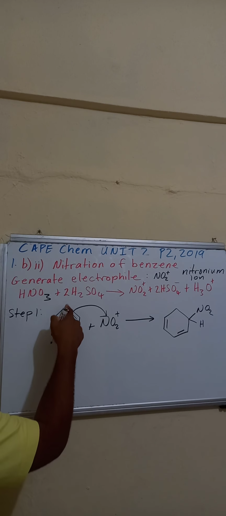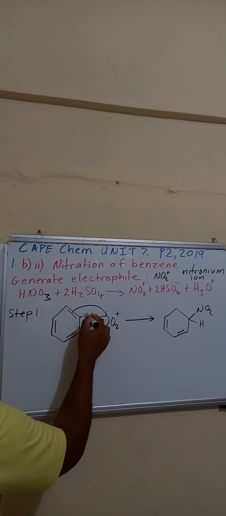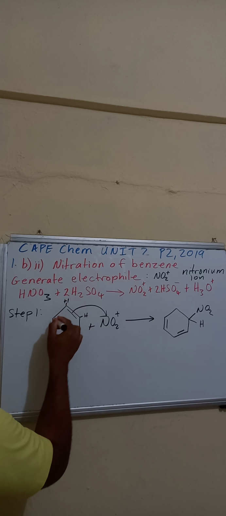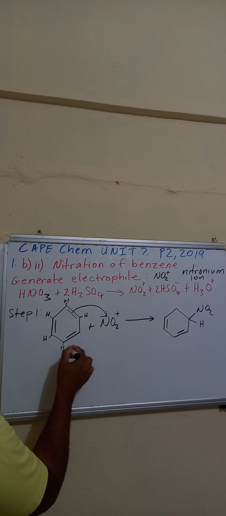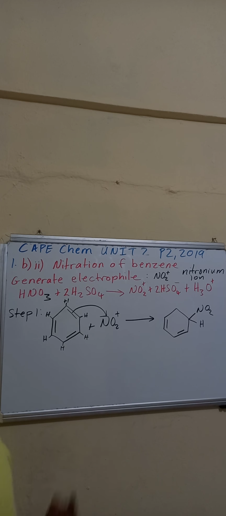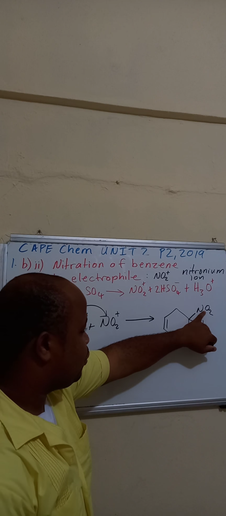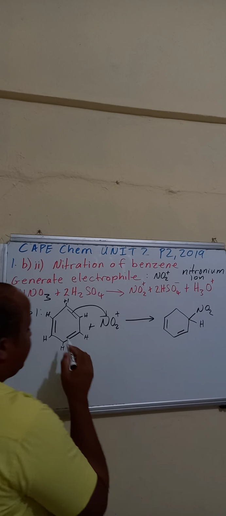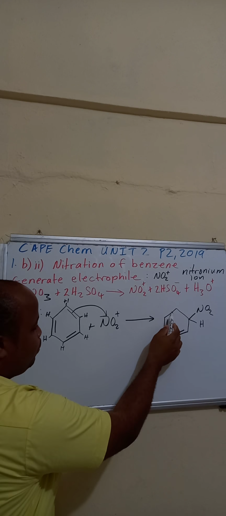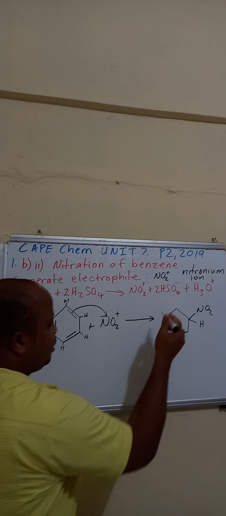Now remember, at each point on the ring is a hydrogen, but we just don't show it. The formula for benzene is C6H6, but we just don't show the hydrogens, right? So when this bond breaks and you get the nitronium ion added, this carbon would only have 2 bonds in the ring and the bond with hydrogen, that's 3 bonds.